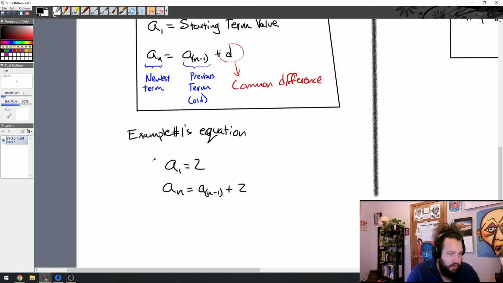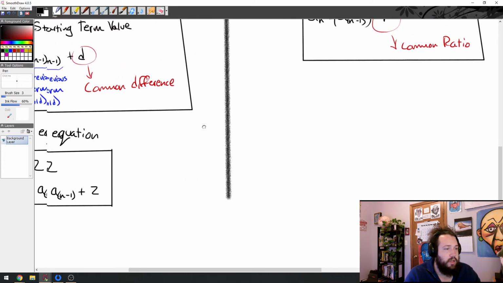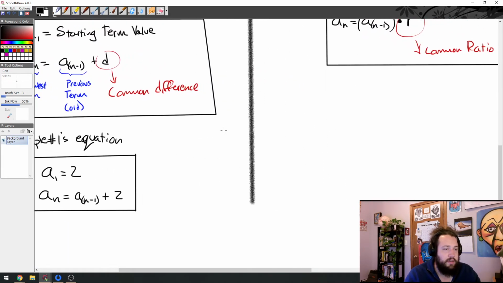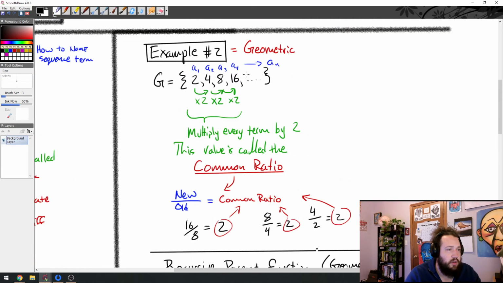Nice and easy, straightforward, because we know what all these values are. And then over here, the example 2 equation would be A1, and what is my starting value here?